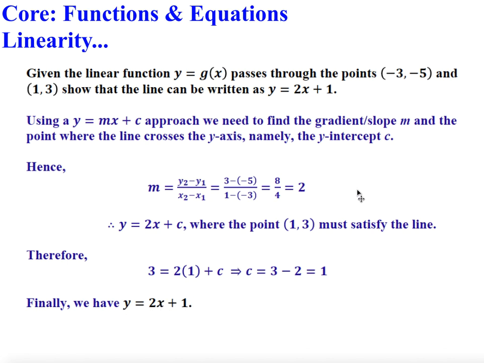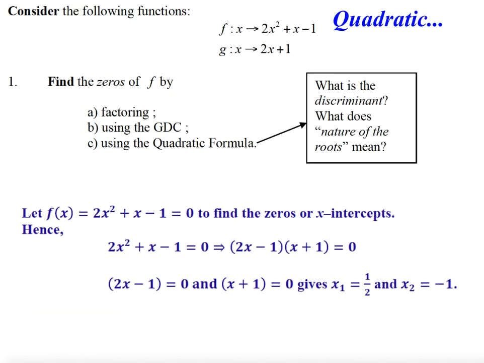So let's consider that y is equal to 2x plus 1. Think of it more now as a function. So here it is using a slightly different notation, kind of a mapping notation, which you could see in DP as well. And here's a quadratic function. So let's look a bit more closely at some of the issues associated with now not only linearity but also a quadratic. So let's find the zeros of this function f that's given.